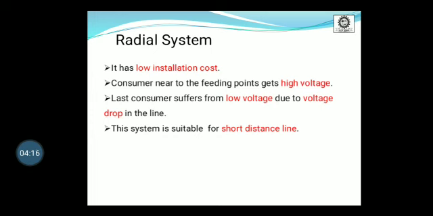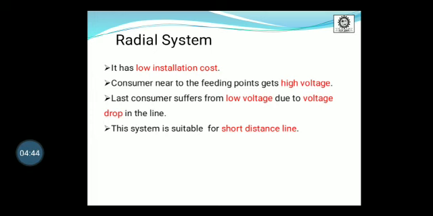The consumers are dependent on a single feeder and single distributor. Therefore, any fault on the feeder or distributor cuts off supply to the consumers who are on the side of the fault away from the substation. So, this type of system is suitable only for short distance lines.